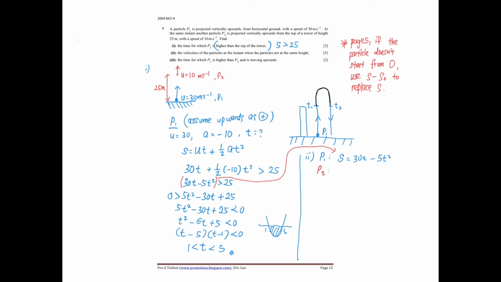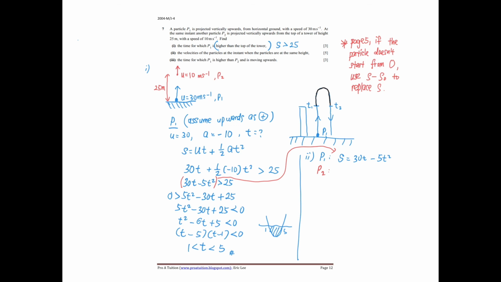So we have to apply that here. As you can see, our particle starts from 25 meters from origin. I assume the ground as origin. So I have to use S minus 25 instead.